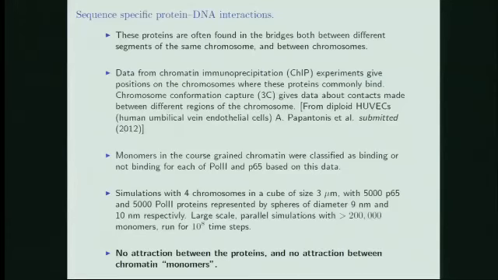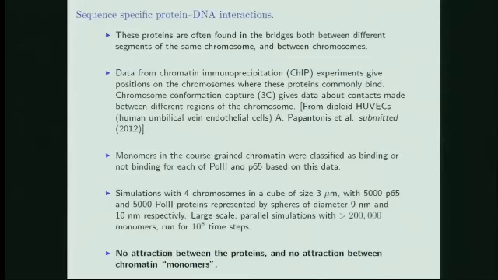two proteins. And then we did some large simulations where we put 4 chromosomes in a simulation volume which was a cube of 3 microns in size, and we had 5,000 of each of the proteins, which had a diameter of around 10 nanometers.